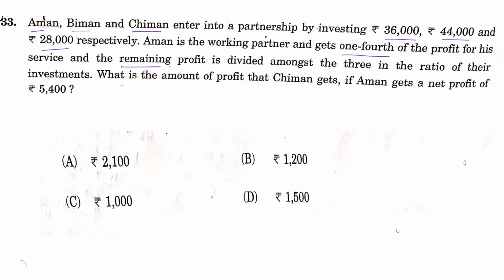This is the most important part. The remaining profit is divided amongst the three in the ratio of their investment. What is the amount of profit that Chiman gets if Aman gets a net profit of 5,400? The options given are 2100, 1200, 1000, and 1500.